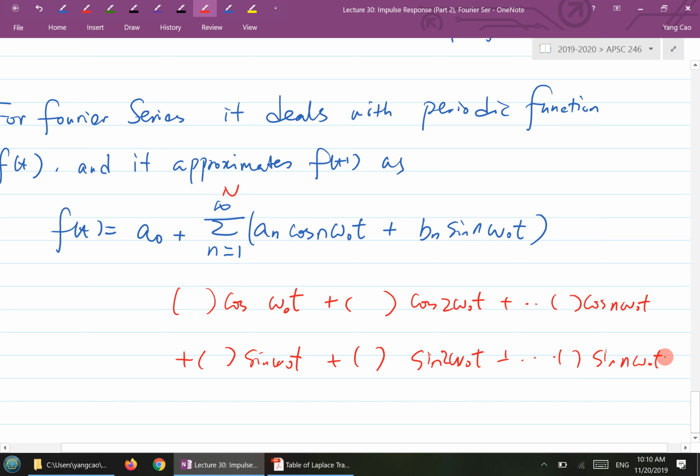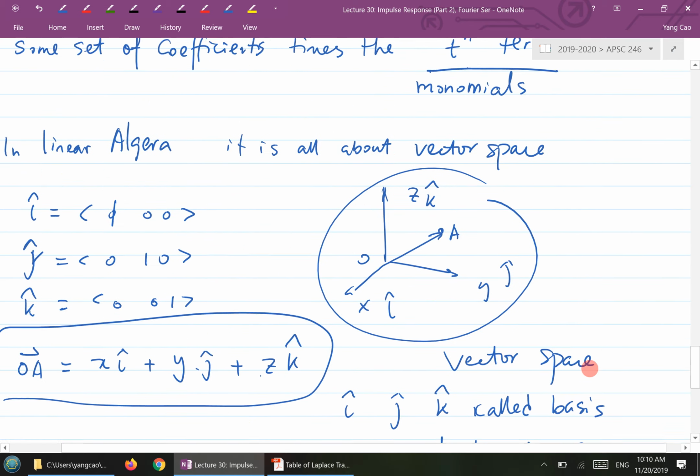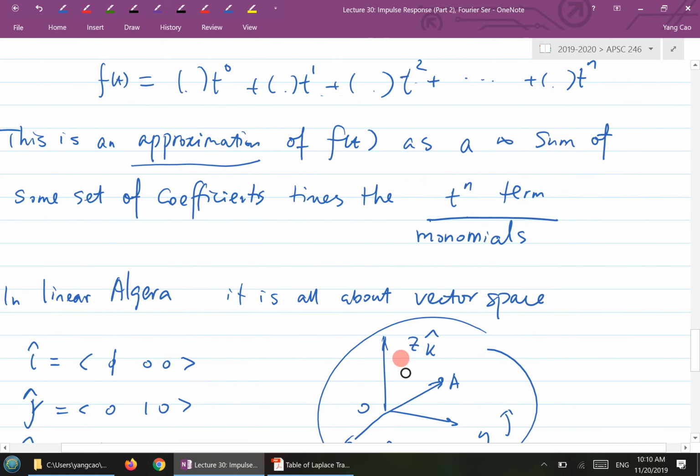Okay. So your f of t is being replaced with a summation of a set of coefficients times each one of the cosine and sine terms here. You see the similarity here, right? The Taylor series replaces f of t with a sum of coefficients times the t terms.